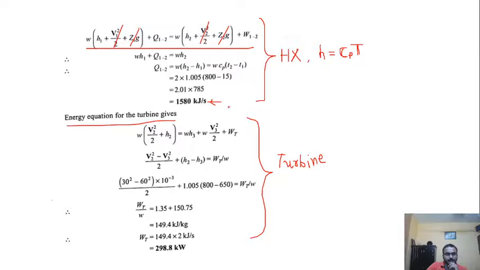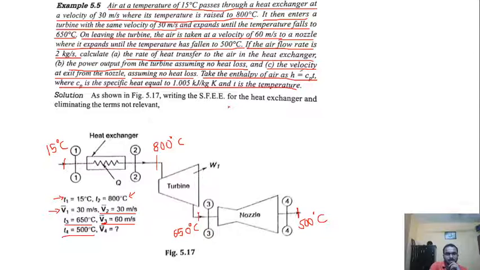Q will be 0 in the turbine, as we have seen, and assuming no heat loss, it is written over here.